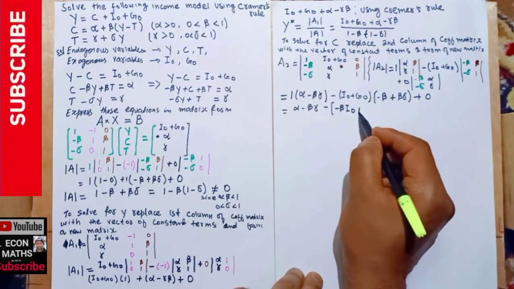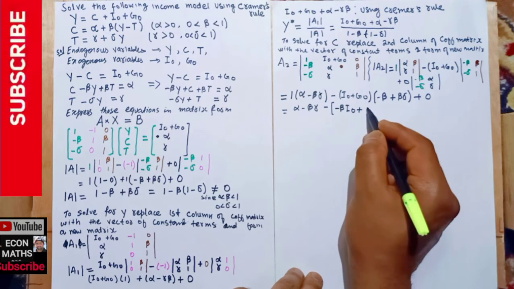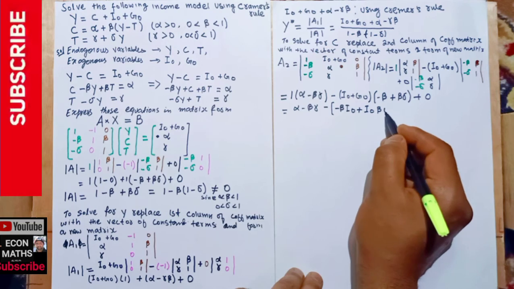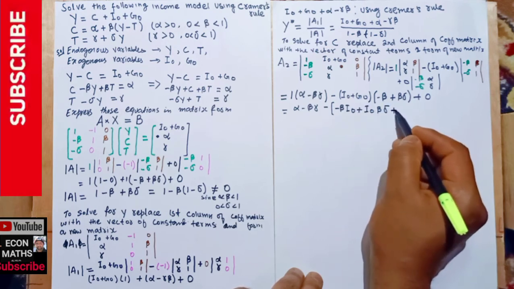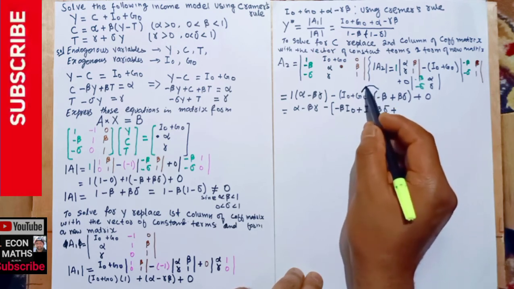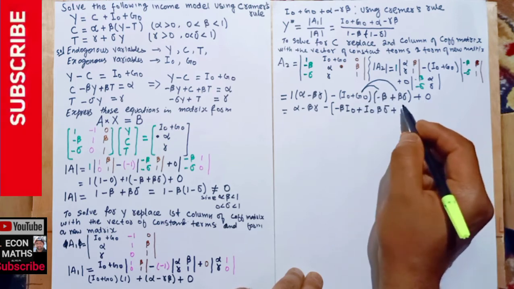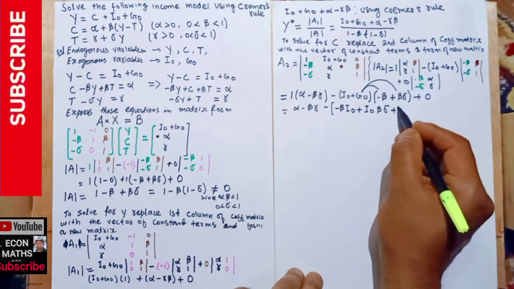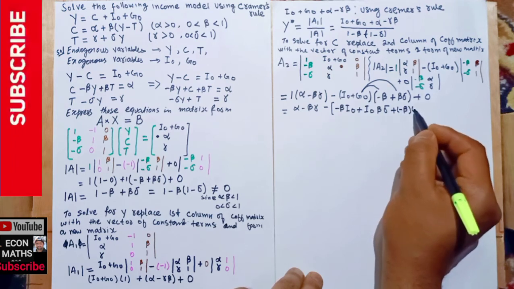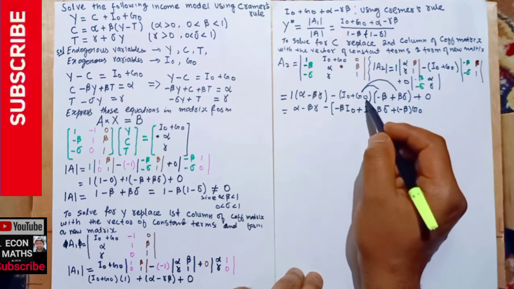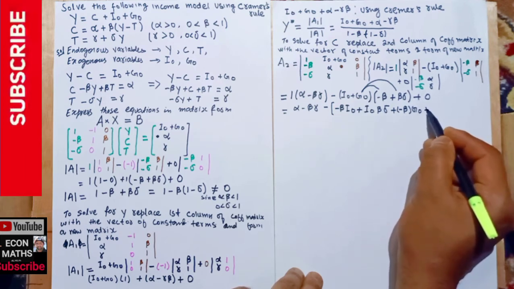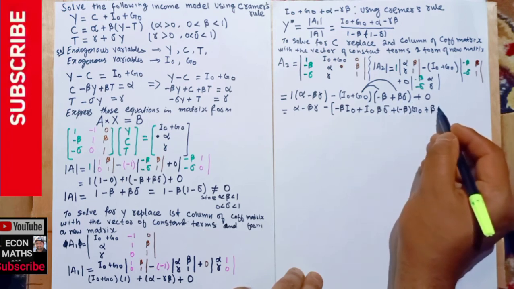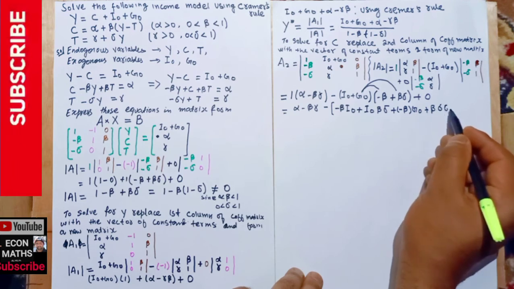Now here it is plus I0 times beta delta, plus, now we will multiply with these two terms, that is minus beta G0, and here it is plus beta delta G0.